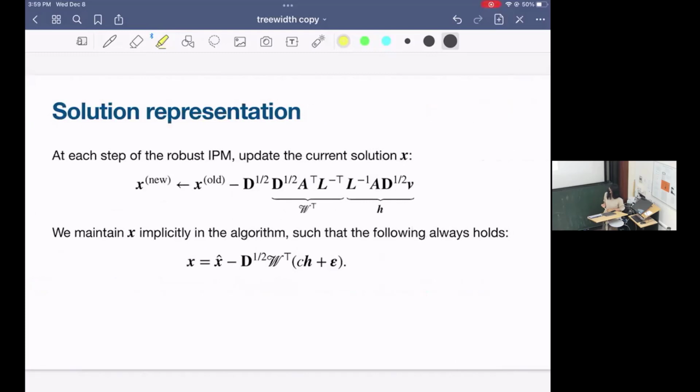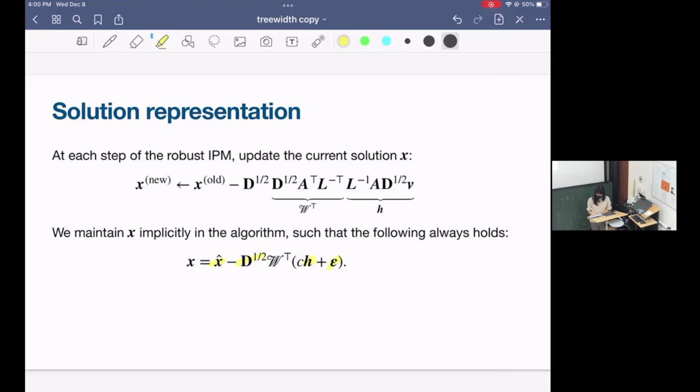And in the algorithm, we'll maintain x implicitly using the following property. What we'll actually maintain is this x hat, we'll maintain d, we'll maintain this vector h, which corresponds to the h up top, though not exactly, and this epsilon is going to be some leftovers.